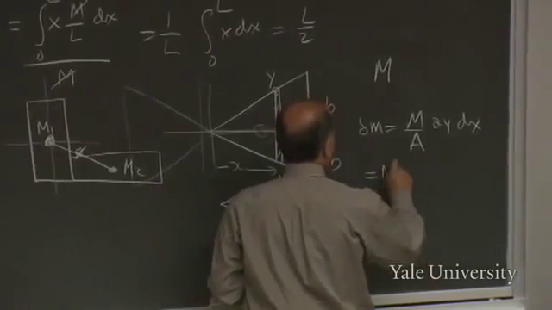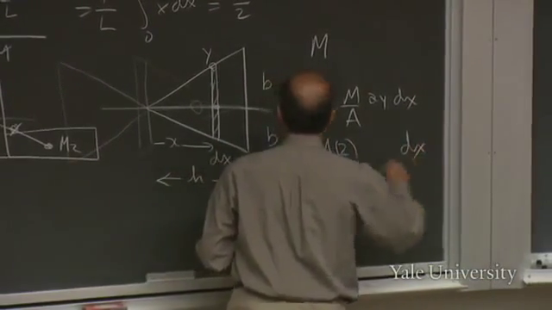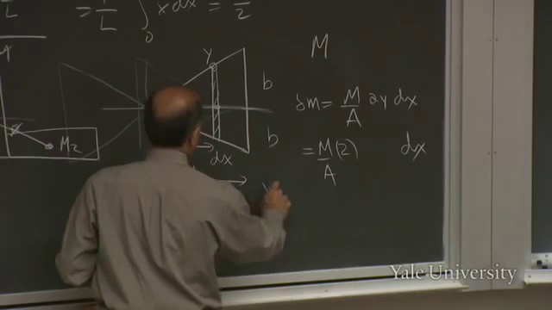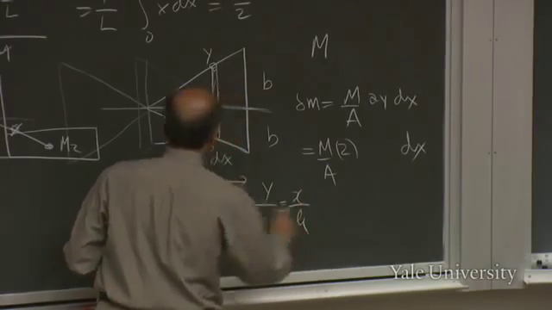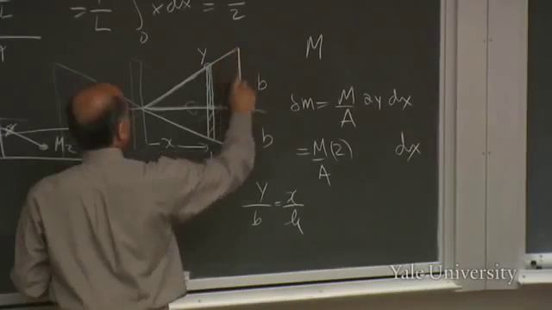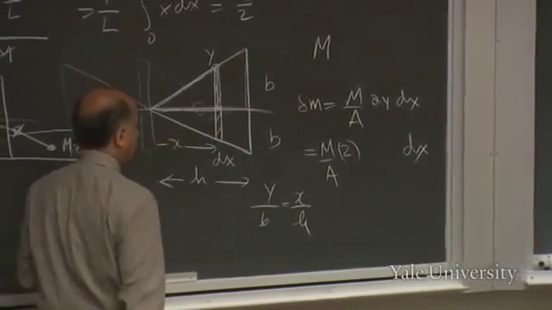But I don't want to write everything in terms of y. I want to write it in terms of x. Then I use similar triangles. Similar triangles tell me that y over b is x over h. Namely, that triangle compared to that triangle tells me y divided by b is x divided by h.